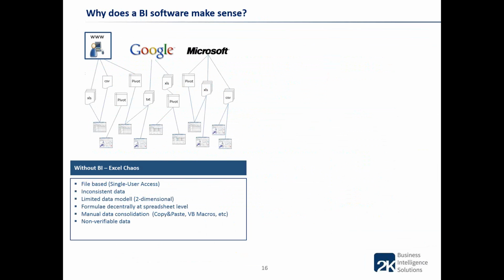If you took the data out yesterday and something happened today, you're not going to have it in your Excel sheet, obviously. The data model is limited, it's two-dimensional. You've got different decentral formulas at the spreadsheet level. Manual data consolidation, that is obviously very error-prone, very manual, long-winded.